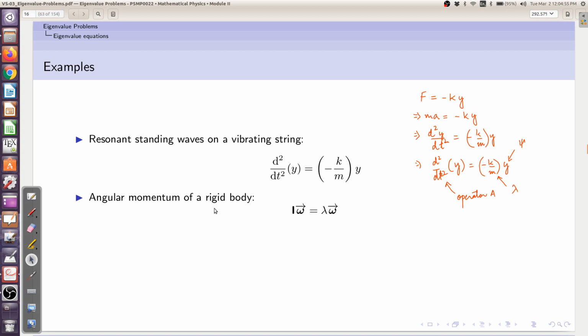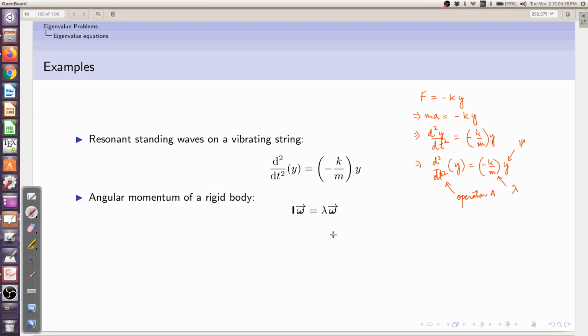Another example could be the angular momentum of a rigid body. How is this an eigenvalue equation? You know that angular momentum L is equal to moment of inertia I times angular velocity omega. Here I is a 3 cross 3 matrix. The moment of inertia is not a scalar, it's a tensor, a 3 cross 3 matrix.